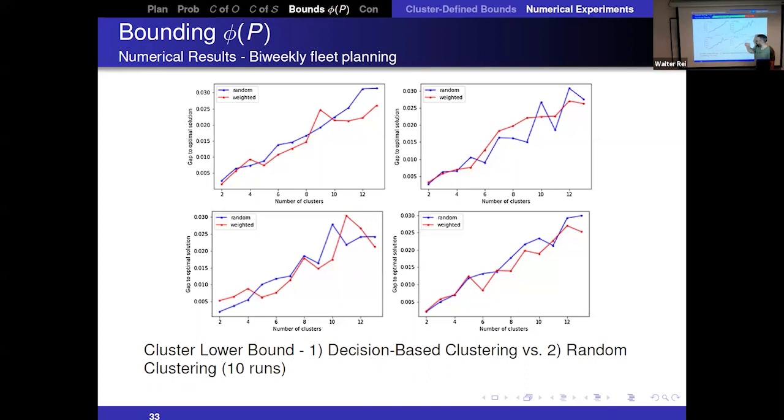So actually, in this case, the quality of the lower bound using the decision-based clustering was doing a very good job of matching the random approach. It was doing a good job of ensuring that the clusters were dissimilar enough to obtain good bounds.